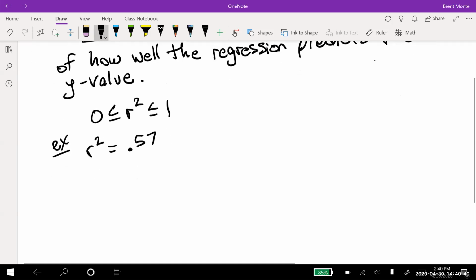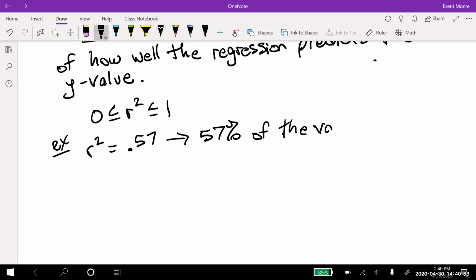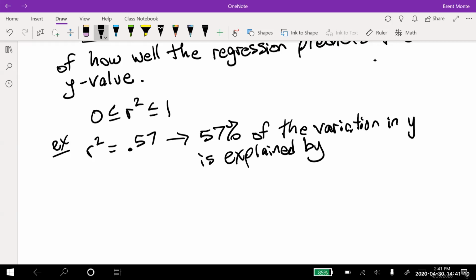What that would tell us is that 57% of the variation in y is explained by x. And we'll be more specific about this. I don't like saying generically y and x, but since that's all we're talking about right now, that's what we're talking about.